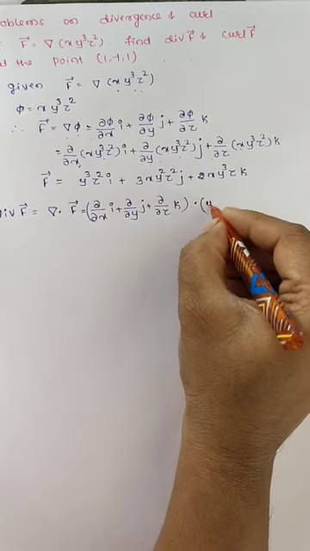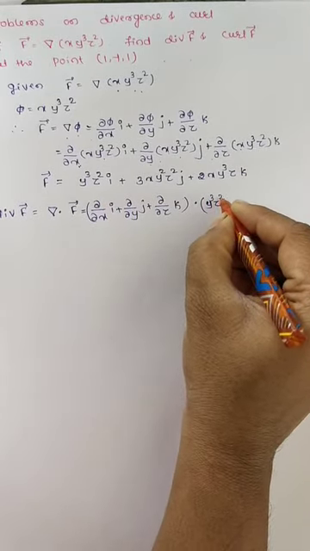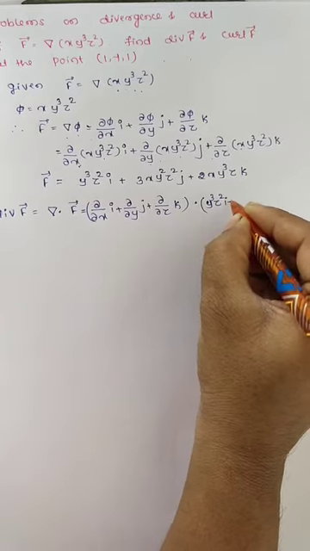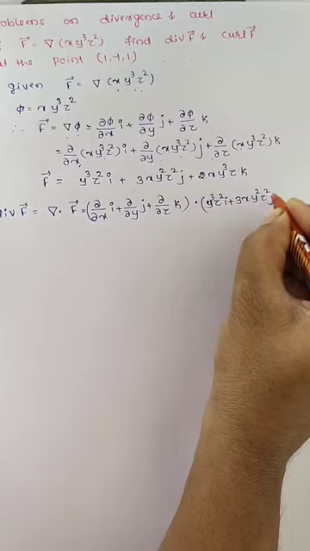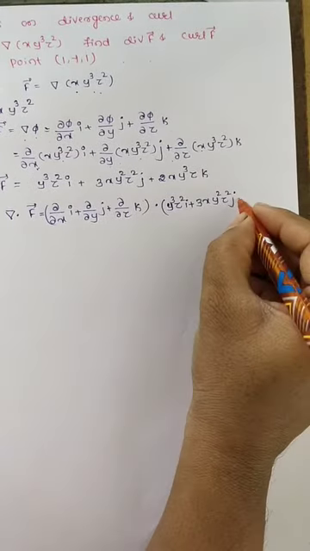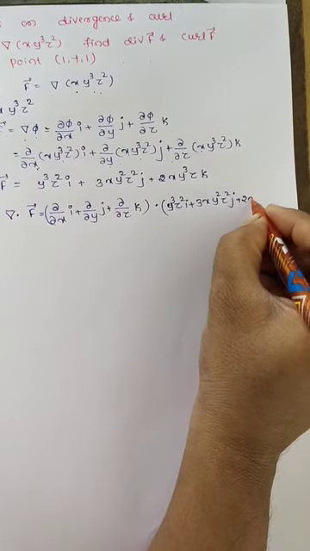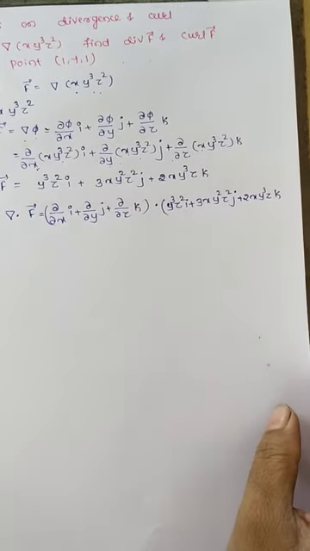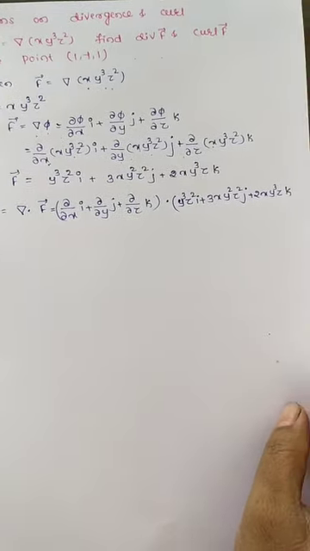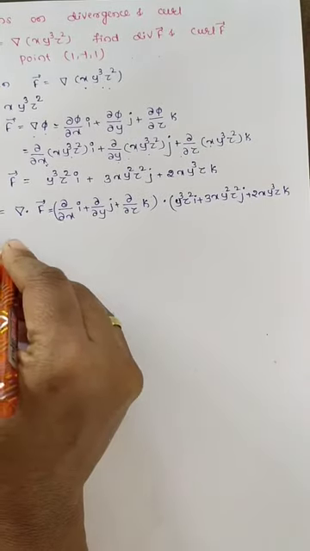F is a vector quantity: y cube z square i plus 3xy square z square j plus 2xy cube z k. After getting this, we apply the dot product.